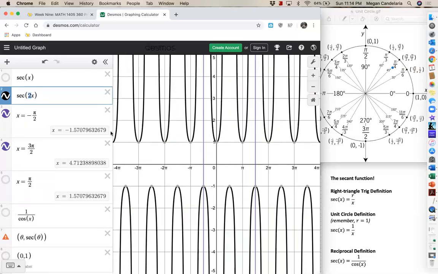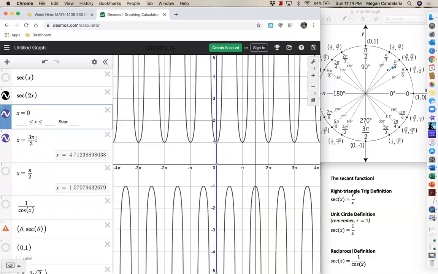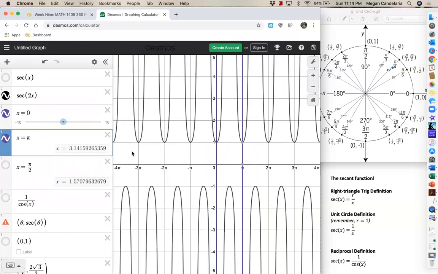The other way to think about that is, what is our period now? Well, our period has been cut in half. So our period is going to be 2 pi divided by 2, which is just pi. So our period should go from 0 to pi. That should be one way to look at our period. And if we look at this, we do have one complete down and one complete up.